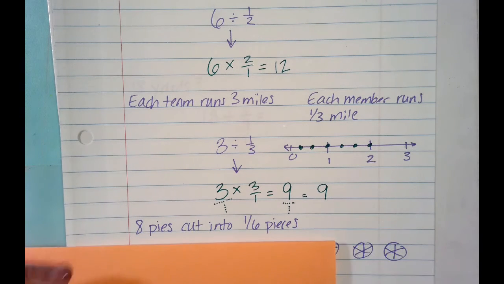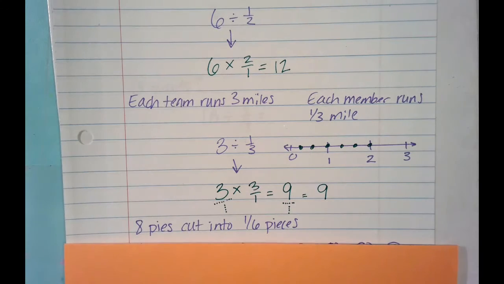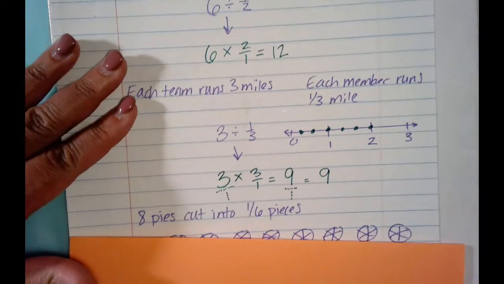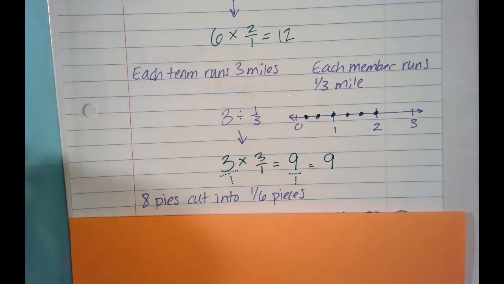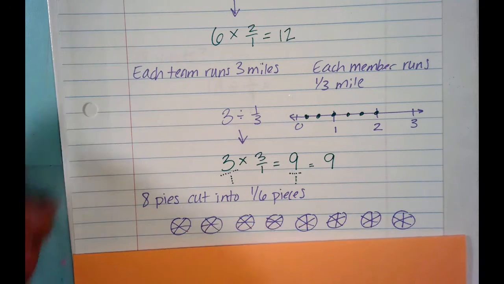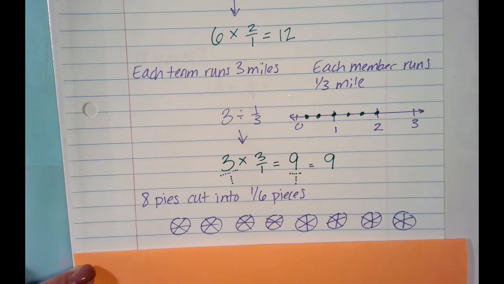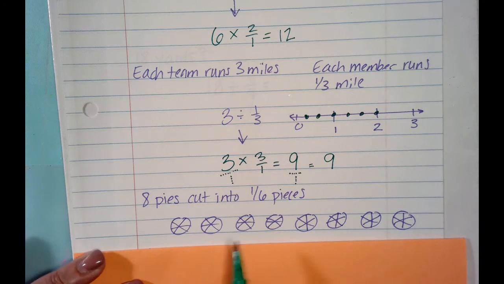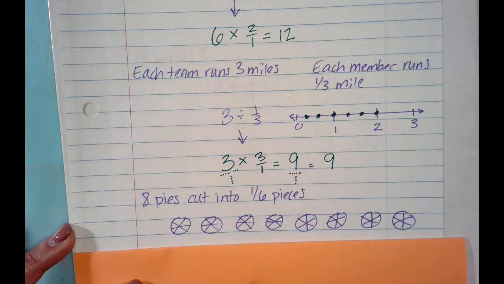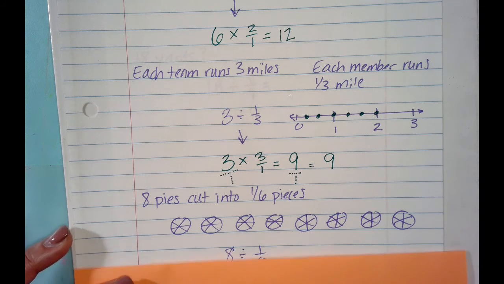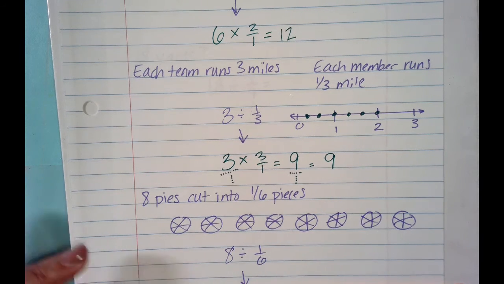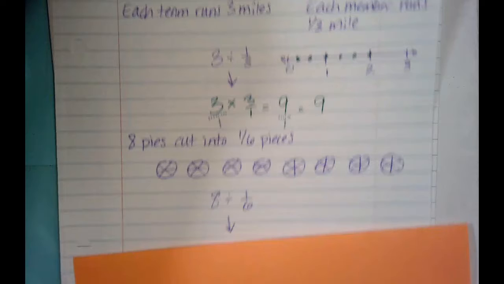Okay, so here we have 8 pies cut into pieces that are 1/6. So I drew out the pies and then I cut them into pieces. And I wanted to show you how we're not cutting up the pieces, we're cutting up the pies. So it should be 8 divided by 1/6.